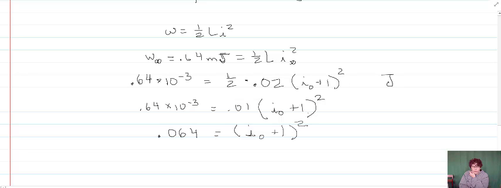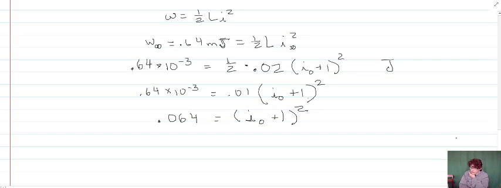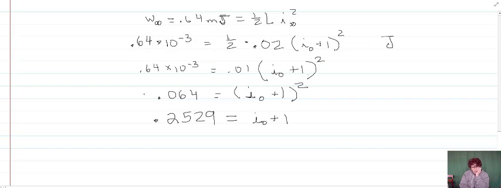So now we'll take the square root of both sides, and we get 0.2529 equals I naught plus 1. Now, when you take a square root, you theoretically get the positive and negative value. And when I did this, I couldn't see any reason off the top of my head why the negative value was not an option.